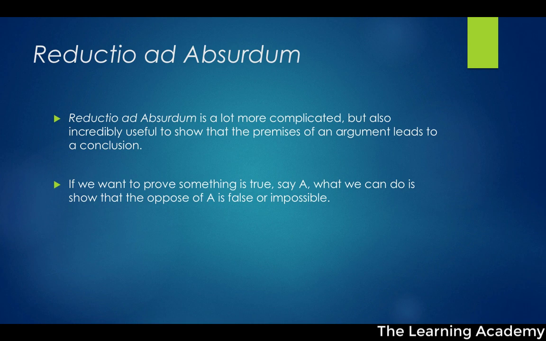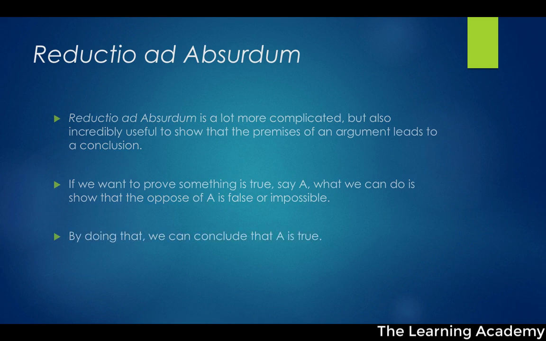If "it is not raining" is false, then the phrase "it is raining" is true. It has to be true, because if one of them is true, then the other one has to be false, and vice versa. So if we can prove one to be false, then we can prove by inverse, by reducing to absurdity, which is what reductio ad absurdum means, that the first one is true.